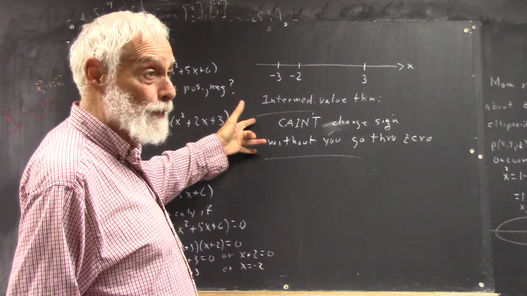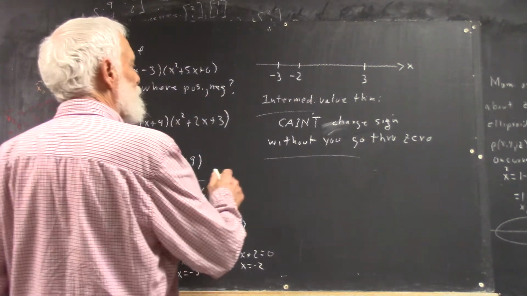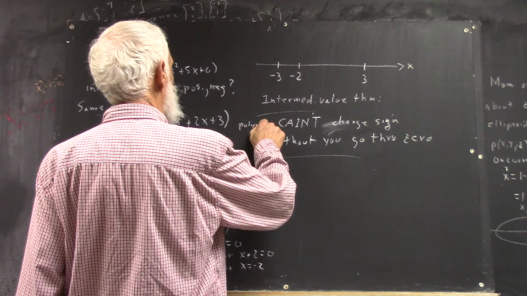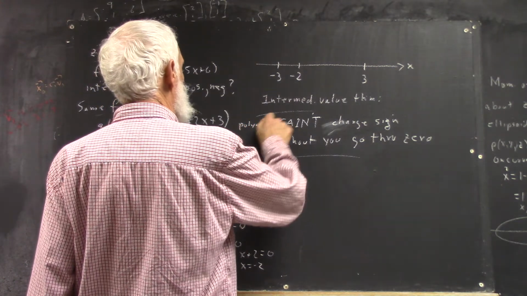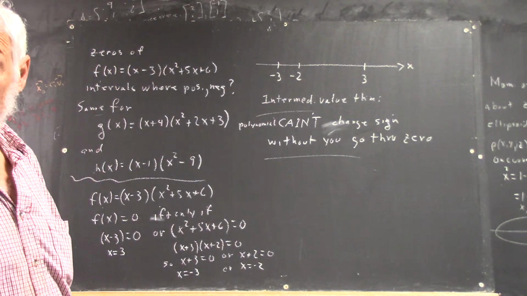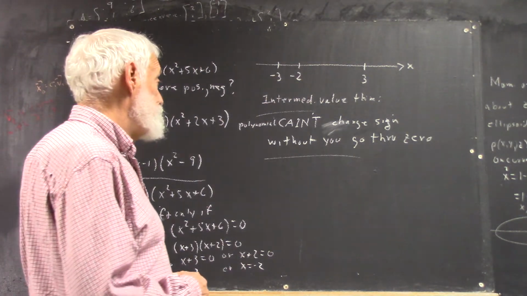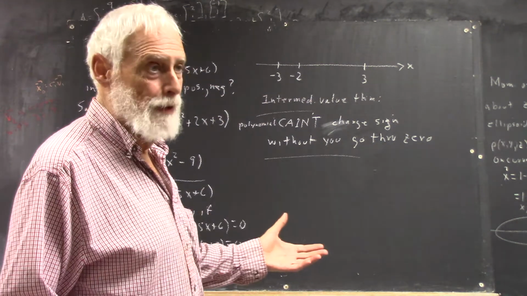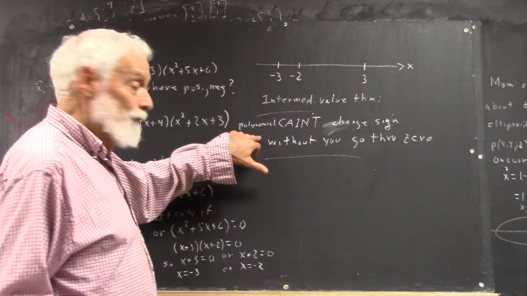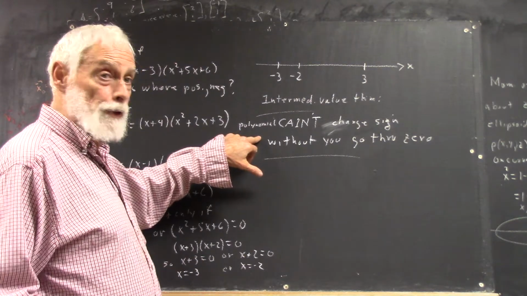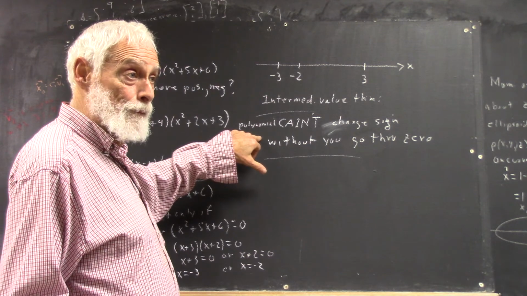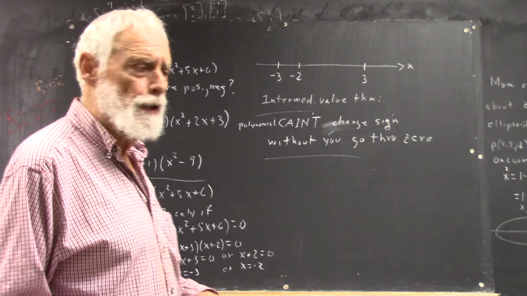So, really I should say a polynomial can't do this. Any continuous function can't do it, but you don't know what a continuous function is. So for polynomials it's true, for exponentials it's true. What basic functions would it not be true for?